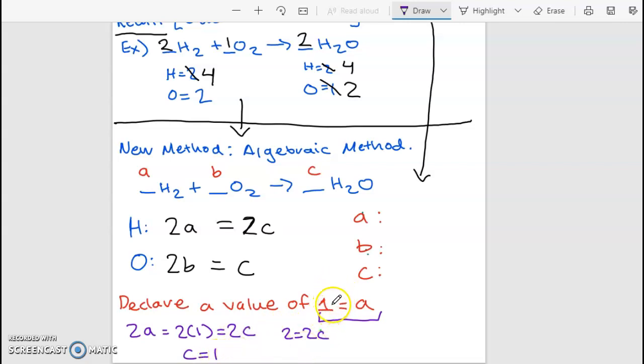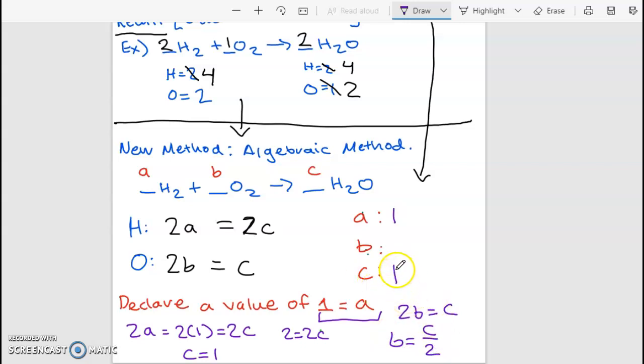So if I said, let's make A equal to 1, that means I find that C is equal to 1. If C is equal to 1, and we look at this relationship to B, we want to find B. 2B is equal to C. Well, we said C was equal to 1, so B is equal to C divided by 2.